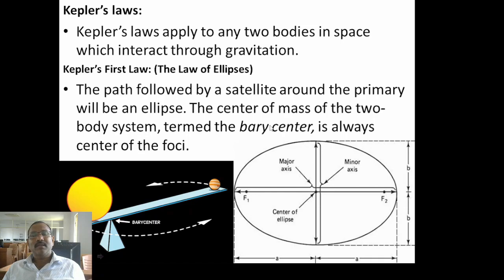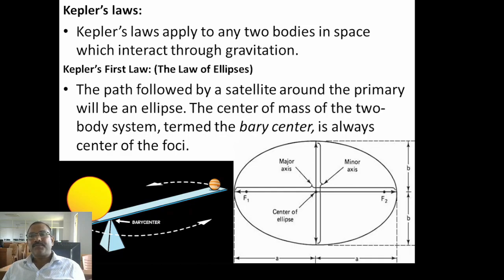Here the satellite is the secondary thing, and the primary may be the Earth. So the path followed by the satellite around the primary will be an ellipse. That is the law of ellipse, the first law.